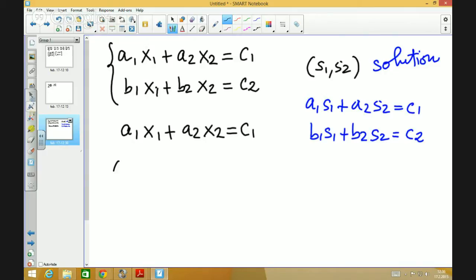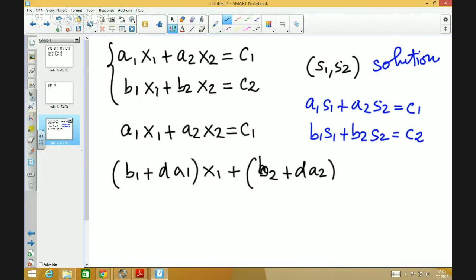So what is it that we get? We get b1 plus d times a1, and this is going to be the multiplying coefficient for x1. We have multiplied a1 by d, and we add it to the multiplying coefficient that we had before. For the second one, we have b2 plus d times a2.